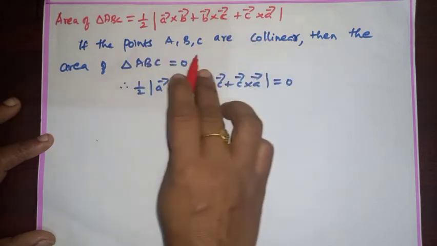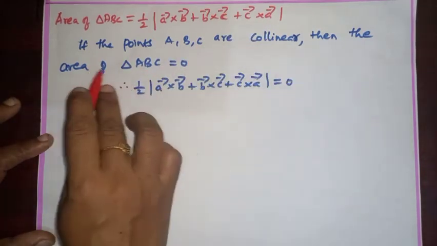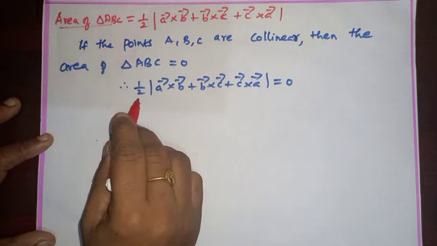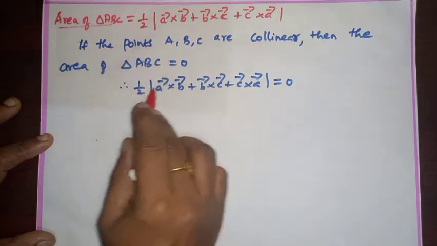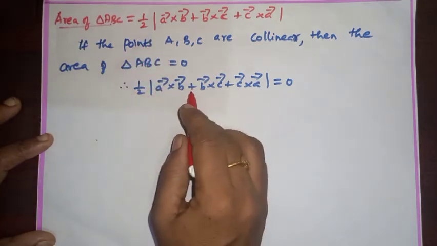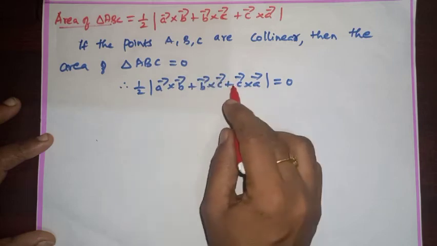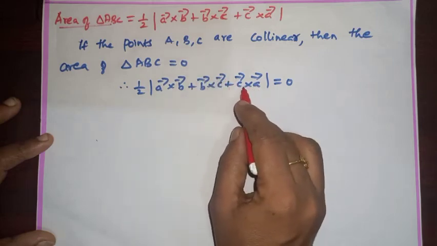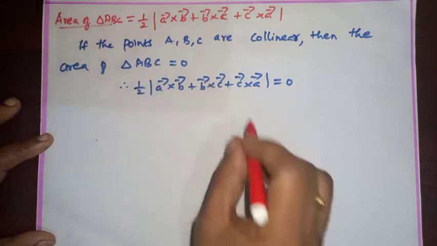If the points A, B, C are collinear, then the area of the triangle ABC is equal to 0. Therefore, 1 by 2 of vector A cross vector B plus vector B cross vector C plus vector C cross vector A is equal to 0.